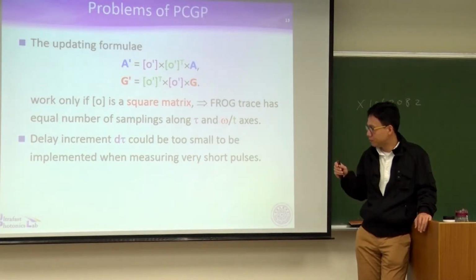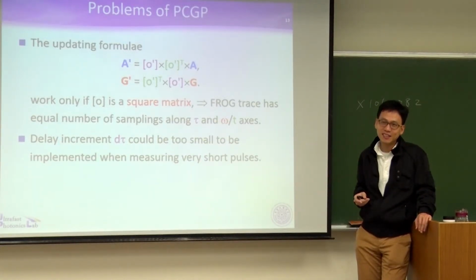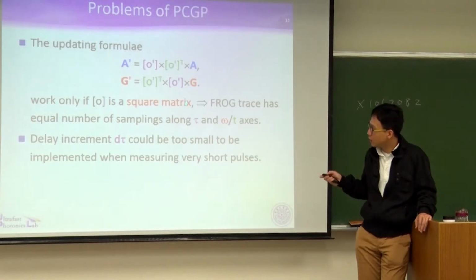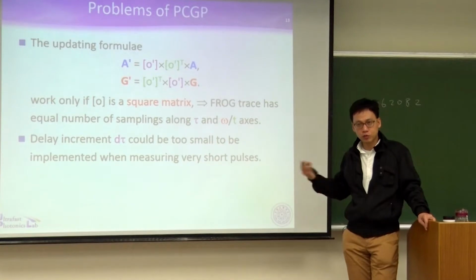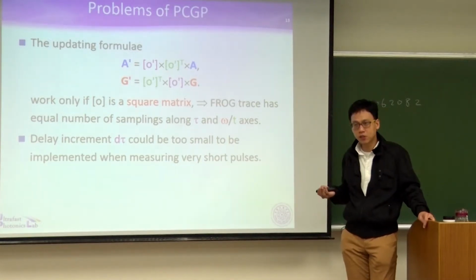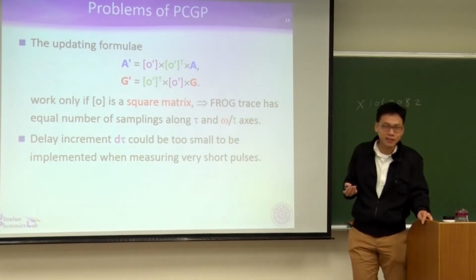And sometimes it could be too small to be implemented, right? Your delay scanning stage has to be precise enough such that you can have very fine resolution along the delay axis, okay? So this is a tight constraint that you have to meet, otherwise PCGP does not work.